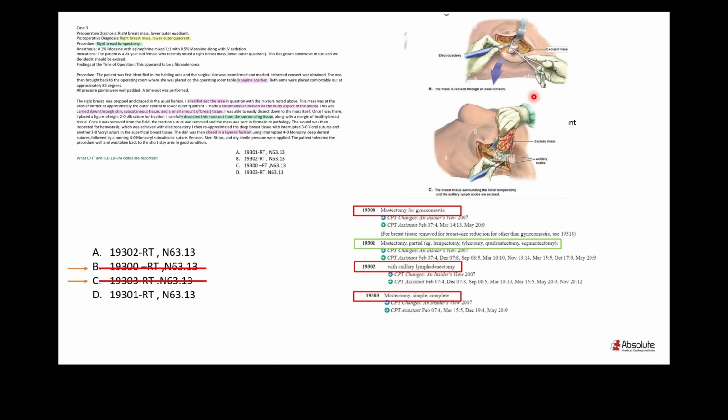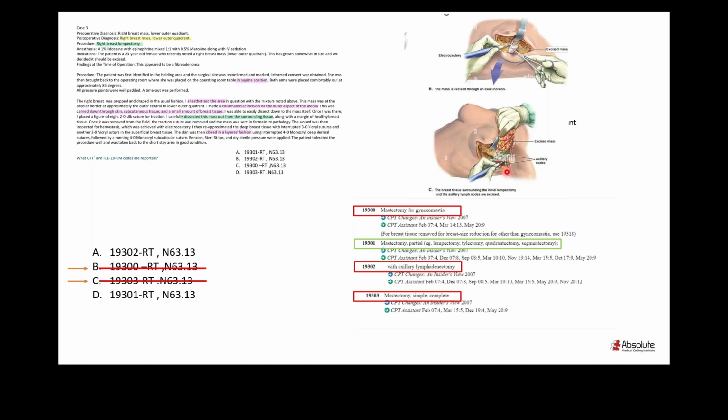In 19301, which is a partial mastectomy that includes lumpectomy, you can see an incision was made and a lump was just removed from the breast, while in 19302 the incision was made and it is extended over the axillary area as well. So the lump was excised and the axillary nodes were also removed. That is, axillary lymphadenectomy was also performed in option A, which is 19302.